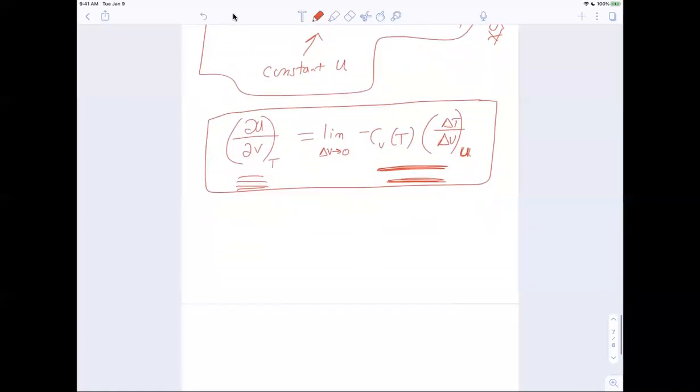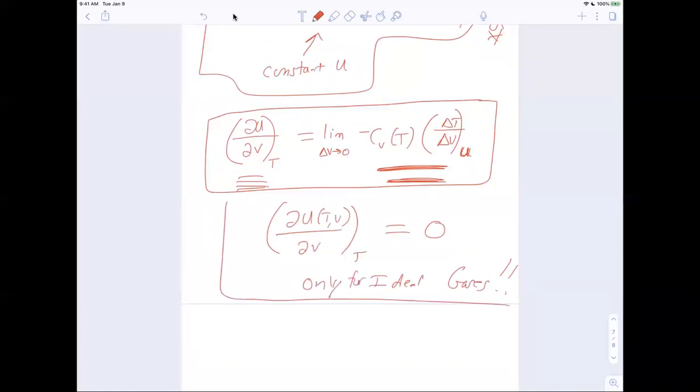Any questions? One final thing I want to say here: the partial of U with respect to V at constant T is equal to 0 for ideal gases, and only for ideal gases. This is another important result.